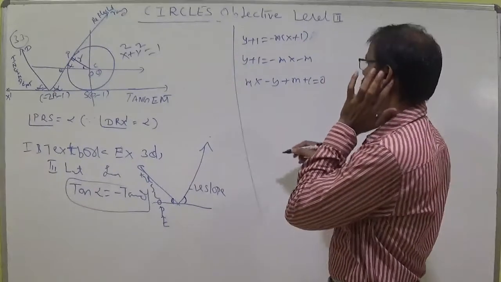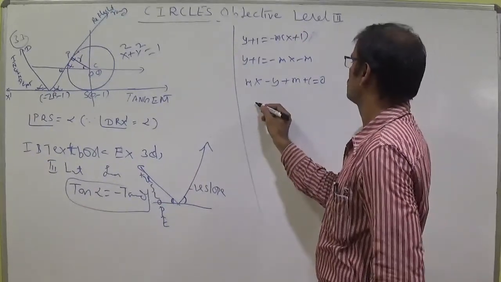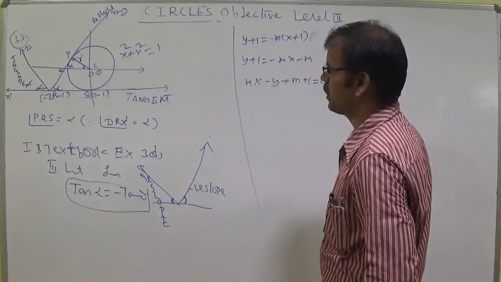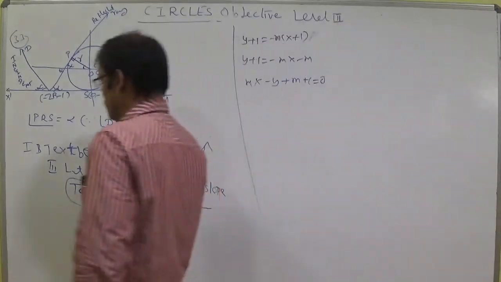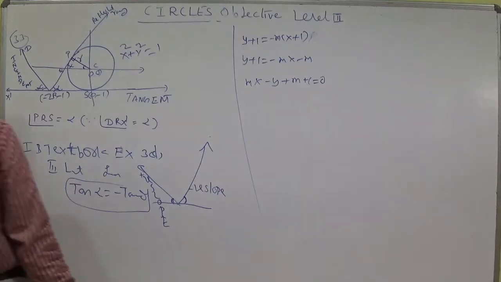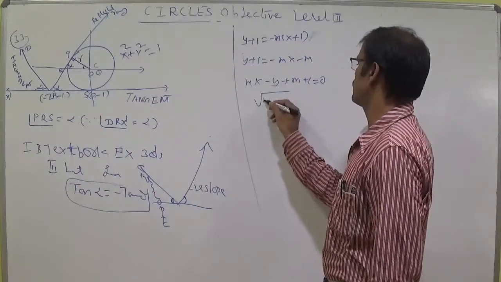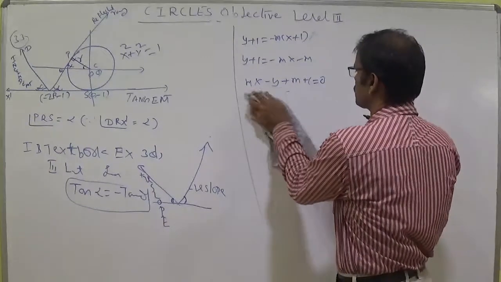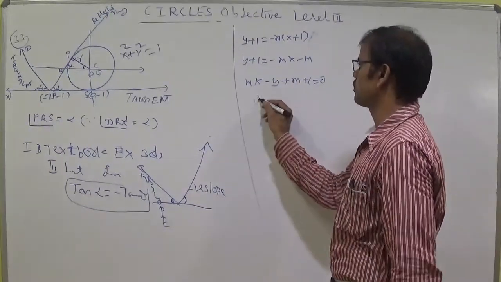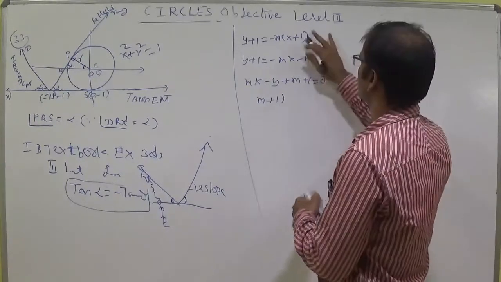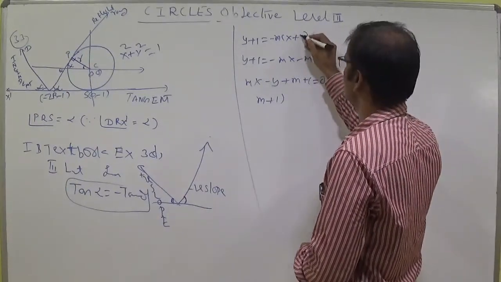Same concept we got. So whenever r is equal to d, for the initial ray we got the same concept: modulus of m plus 1 by root of m square plus 1 for the line through the point x plus 2.